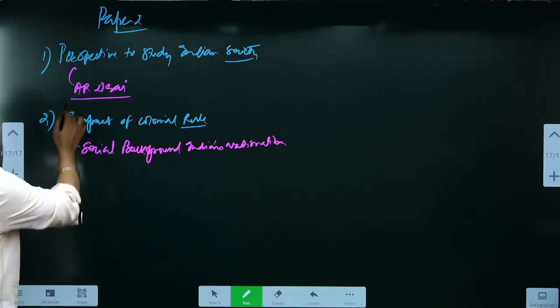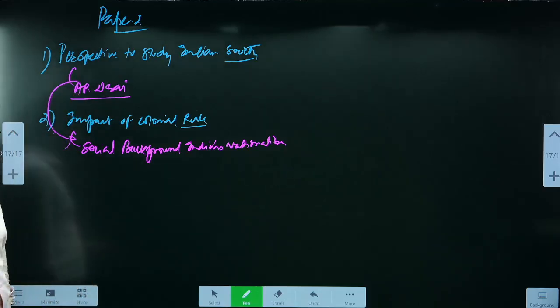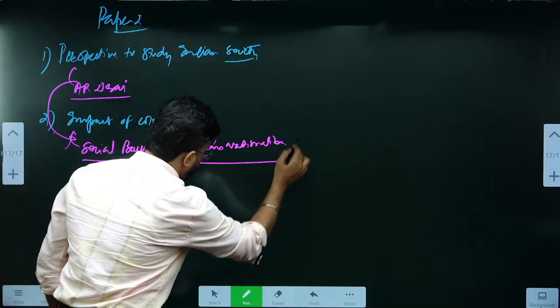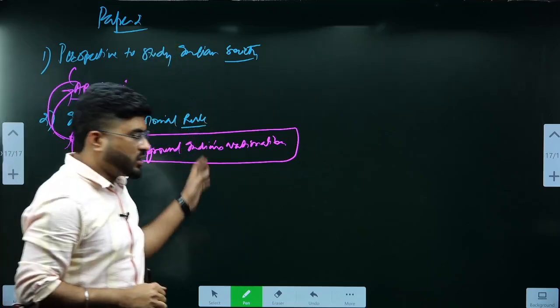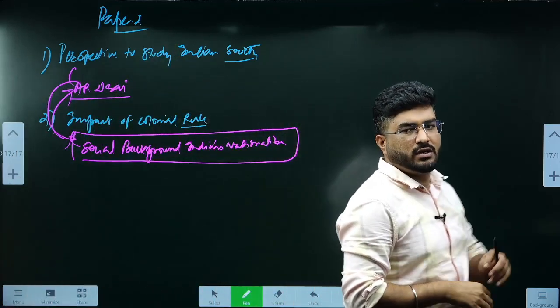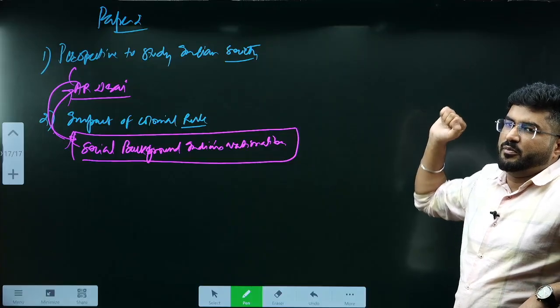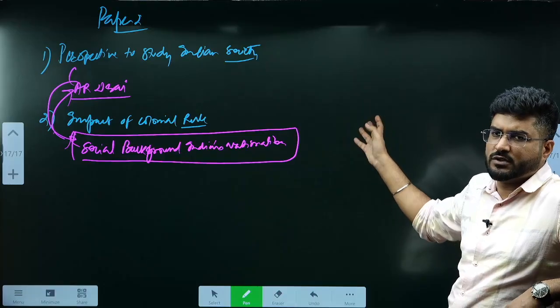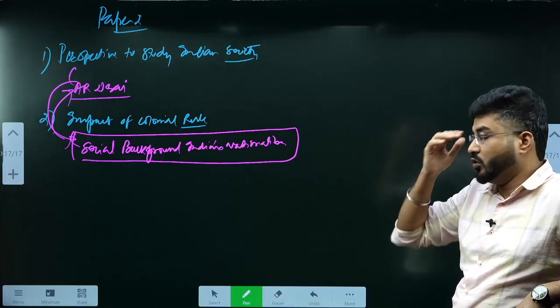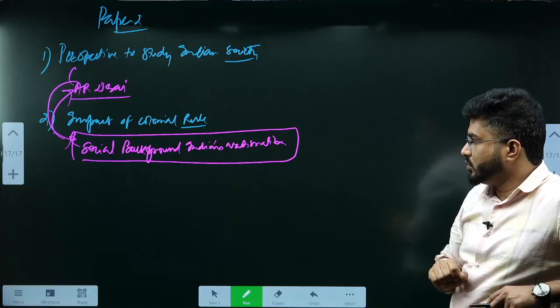This is nothing but the work of A.R. Desai itself. So get this section covered in the A.R. Desai part. Modernization of Indian tradition we have already covered in paper 1. Then we are left with social reforms and social movements during the colonial rule in this particular chapter 2.